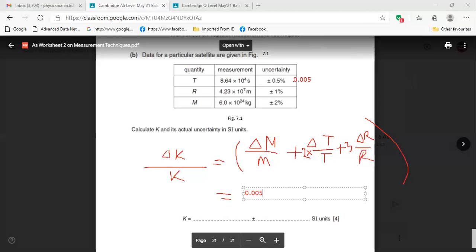Then for the others, you have 2 multiplied by del t by t, and 3 del r by r.